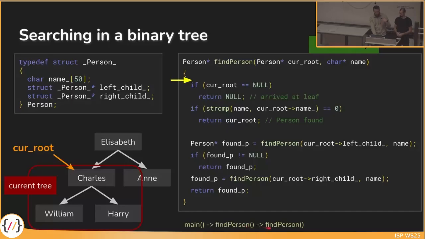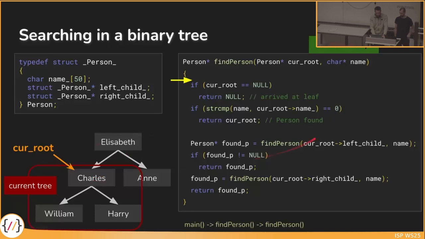Now we are again in a new find person call. As you can see in this visualization, Charles is the current root. So we are now calling find person on another tree, which is basically a subtree of our original tree.